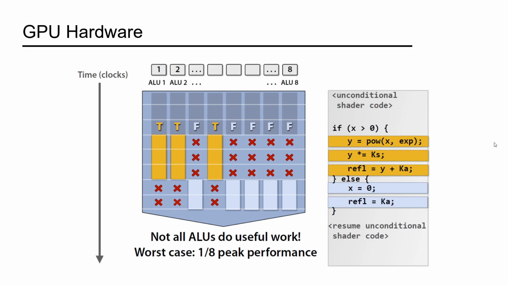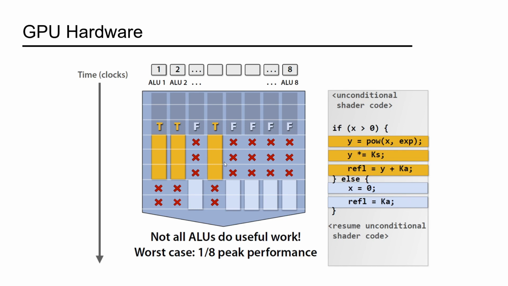One of the disadvantages of this single instruction, multiple data architecture is that we lose performance during branches. We have multiple threads running the same instructions, and they're performing the same operations. If we get to a conditional branch, some of the threads may take the branch and some of them may not. In this case, the 3 yellow threads are executing the first code block, and the 5 gray threads are executing the second code block.